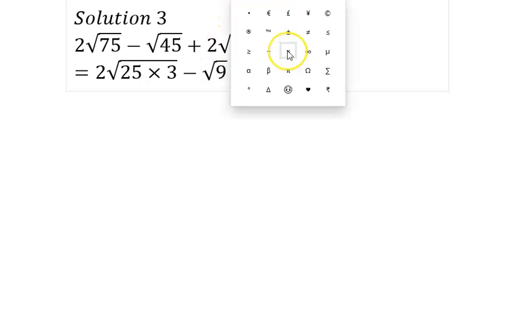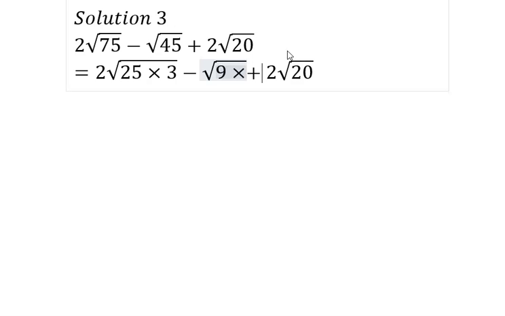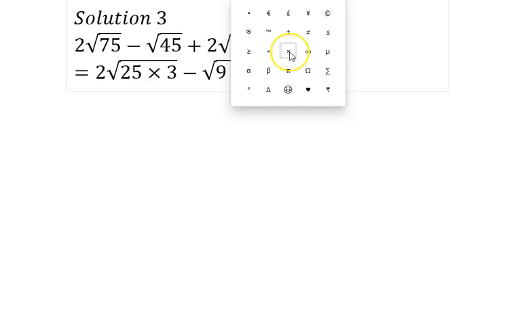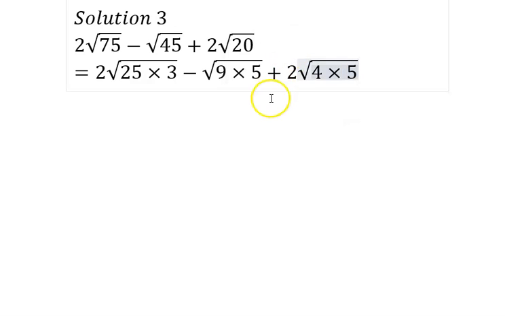Beautiful. Then for 20, 4 times 5 can give us 20.